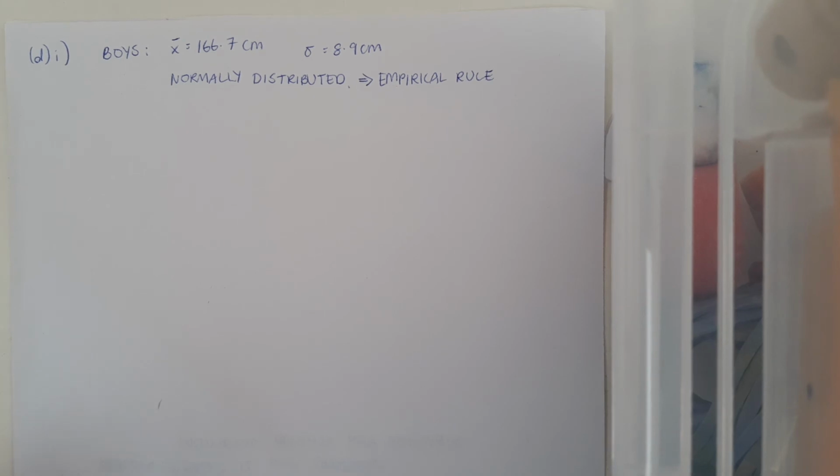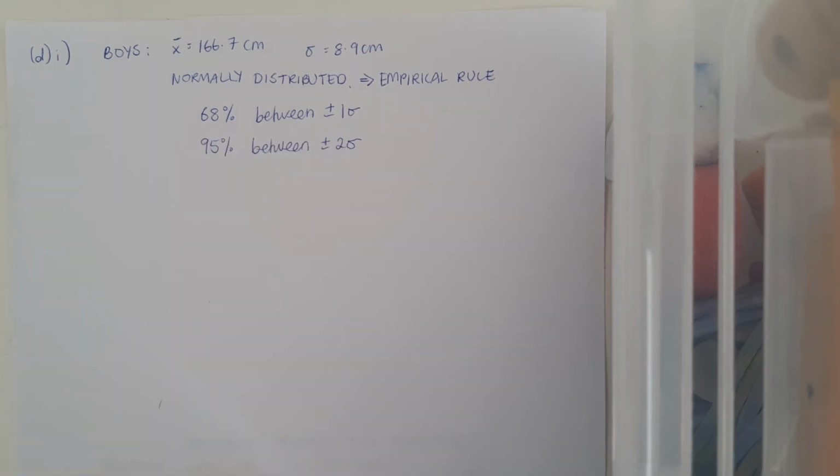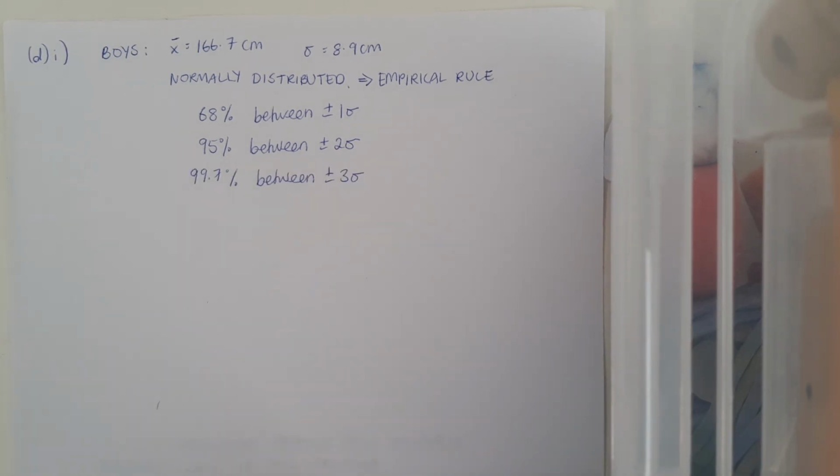So if you recall, the empirical rule states that 68% of the data will be between plus and minus one standard deviation, 95% of the data is between plus and minus 2 standard deviations, and 99.7% of the data is between plus or minus 3 standard deviations.